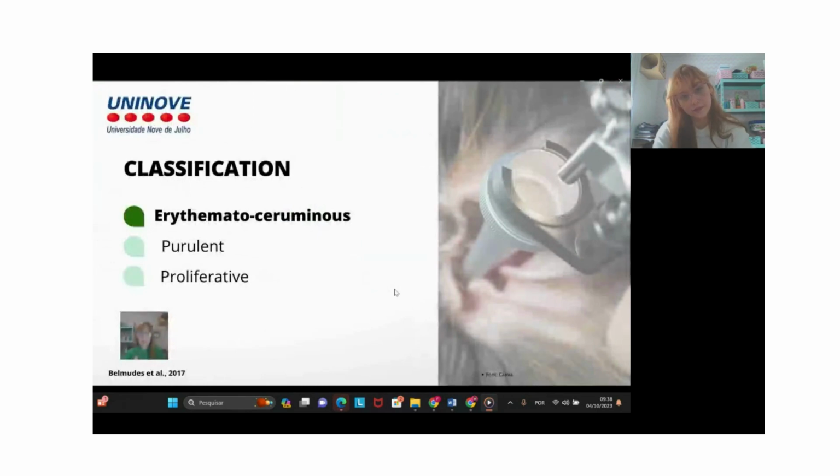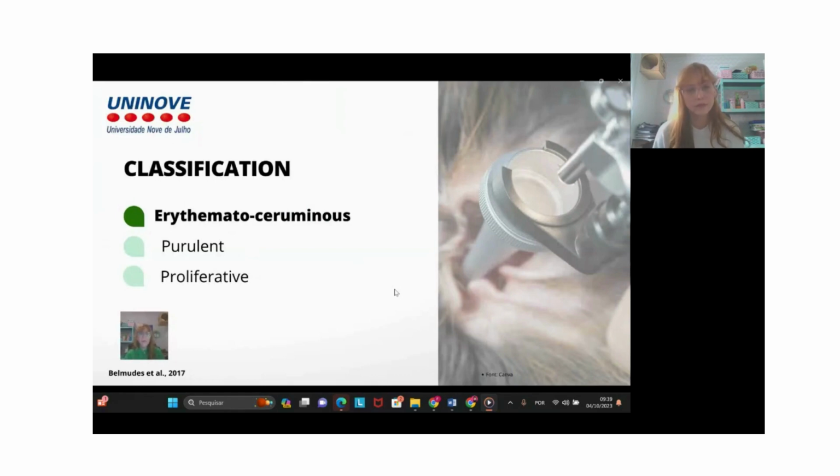So canine otitis is classified into three different types. Erythematous type, characterized by redness and excessive ceruming, which is the focus of the study. Purulent type, characterized by a suppurative exudate.